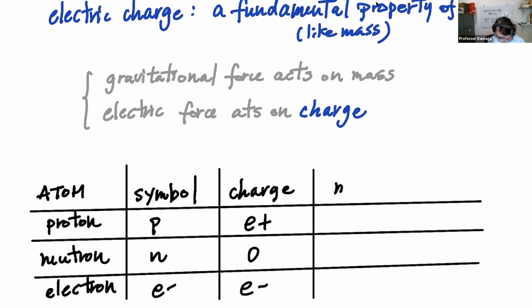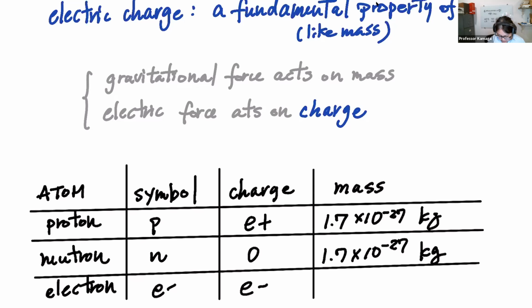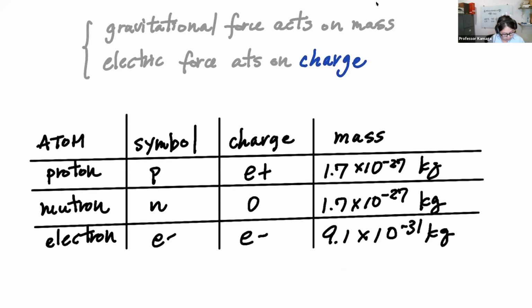For mass, these are the properties of particles. The proton is 1.7 times 10 to the minus 27 kilogram, and the electron is 9.1 times 10 to the minus 31 kilogram, a lot smaller.